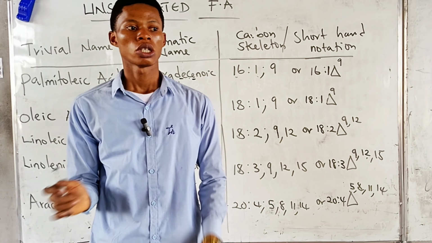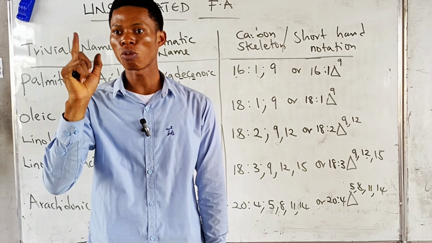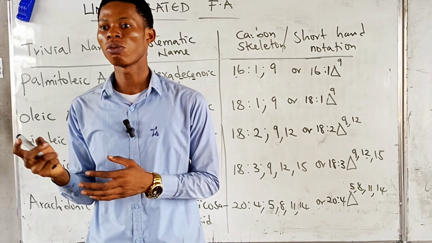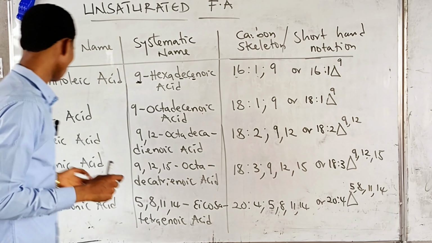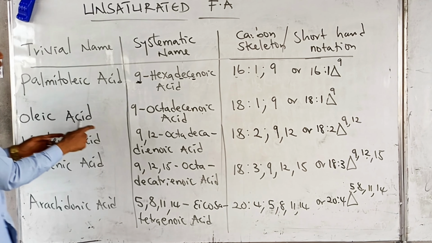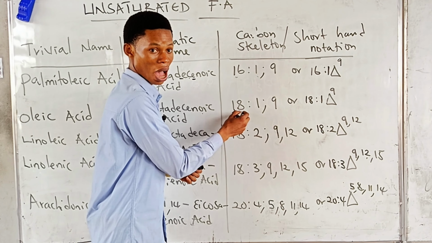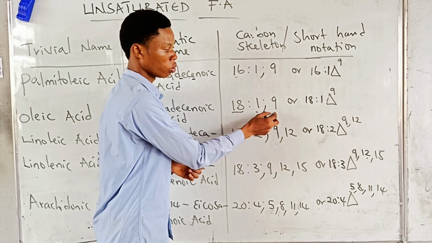Polyunsaturated fatty acids. Those that have just one double bond are monounsaturated, right? While those that have more than one double bond are polyunsaturated. Now, oleic acid has how many double bonds? The number of carbons is 18, right? How many double bonds? On carbon 9.